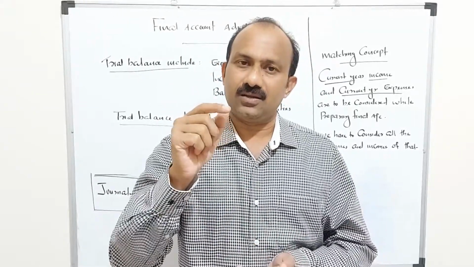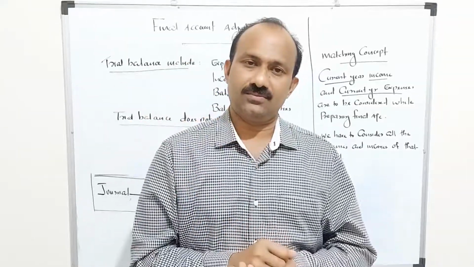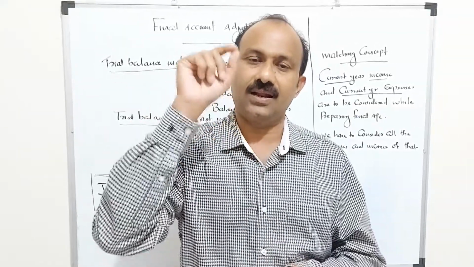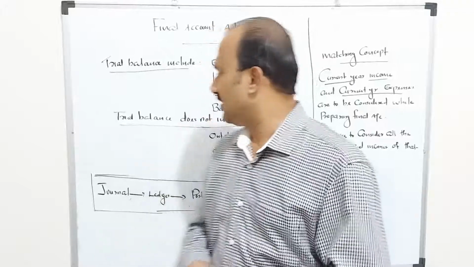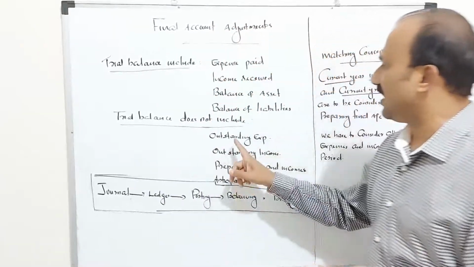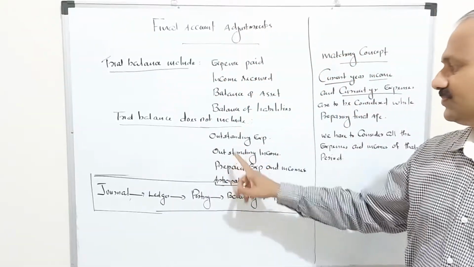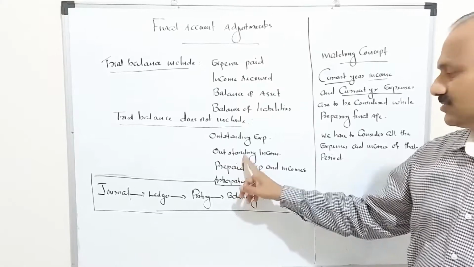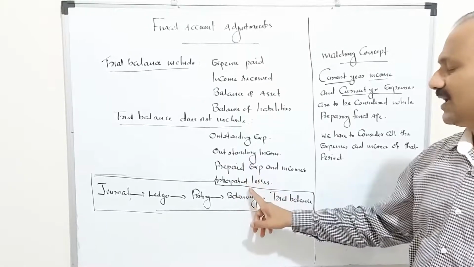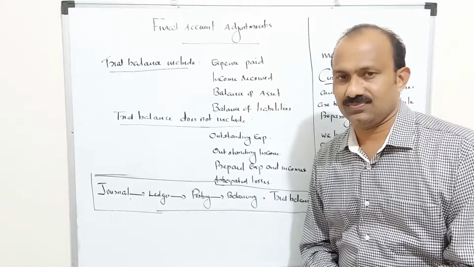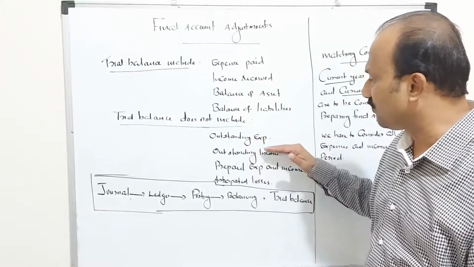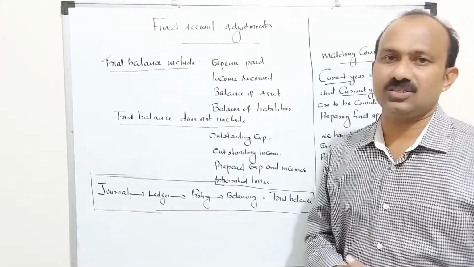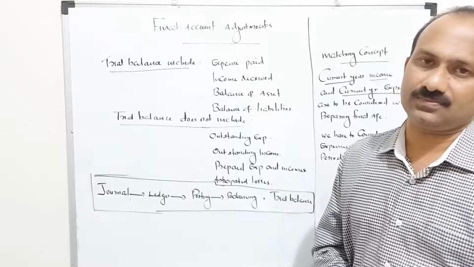Some items are not included in the trial balance, or we cannot see them in the trial balance. What are those items? Those items are known as outstanding expenses, outstanding incomes, prepaid expenses, anticipated losses. These four categories of items we cannot see in the trial balance.